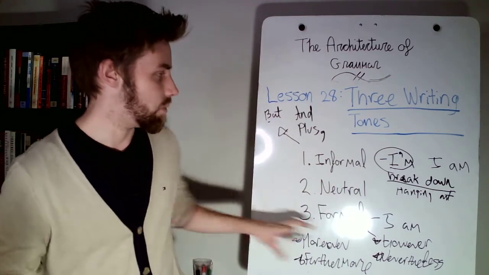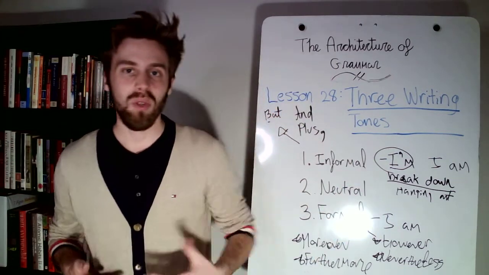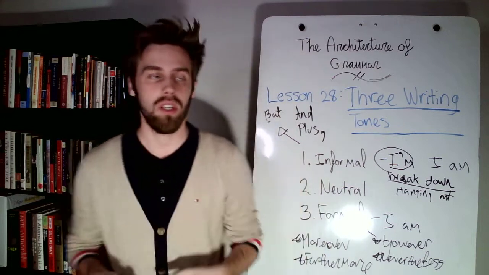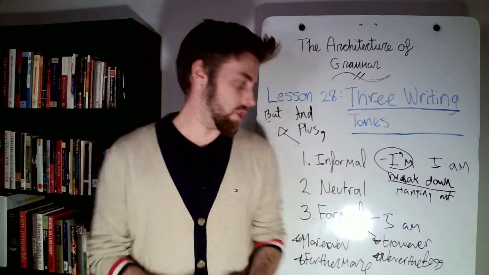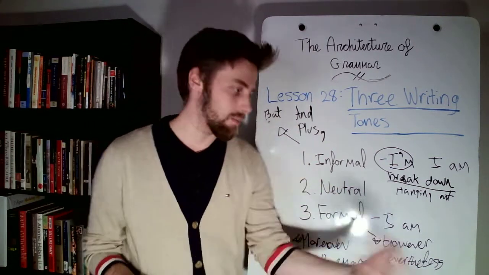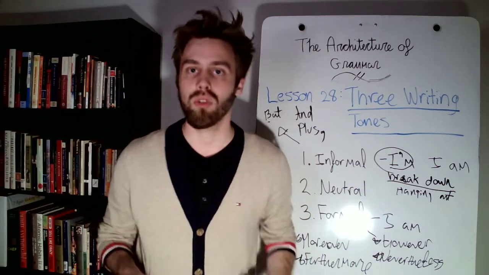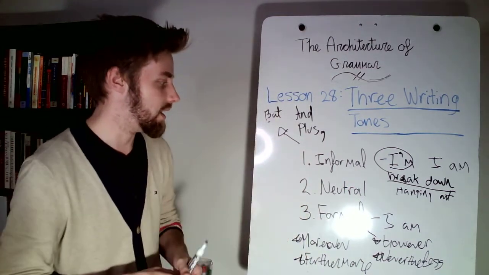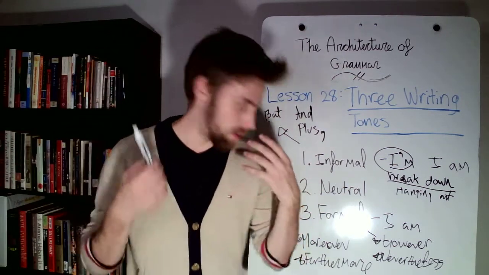Now, the other thing, when you're thinking about informal, neutral, formal: informal tends to be short. It tends to be punchy. Your sentences will be short. You're using short words. And formal, which reminds us of the expert audience, it doesn't matter. You can use long sentences. You can use long words that have multiple syllables. You can do all these things, and you don't have to worry about the complexity.